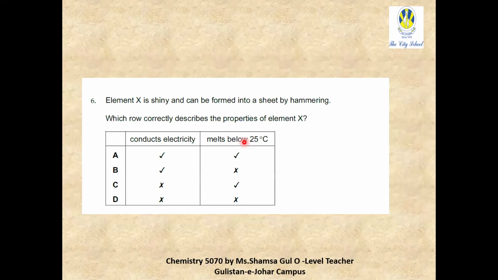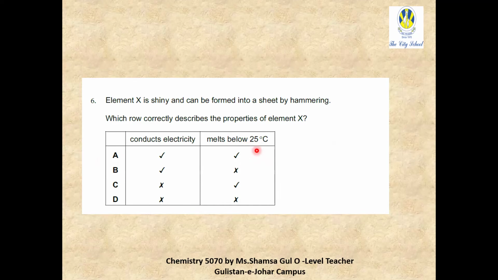Good. All right. Element X is shiny and can be formed into a sheet by hammering, so it is going to be malleable and shiny. Which row correctly describes the properties of element X? They are basically asking, it is a metal, so what should be its two properties?